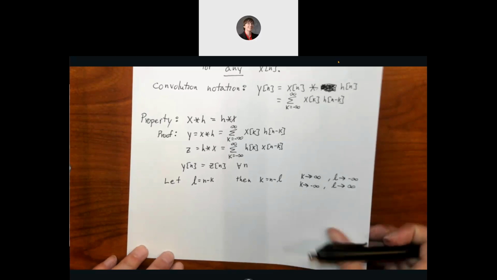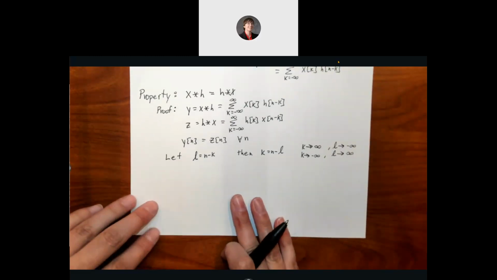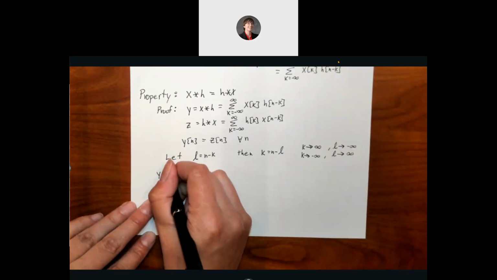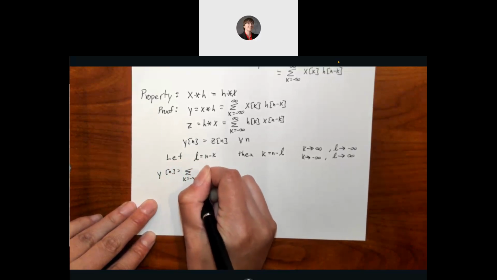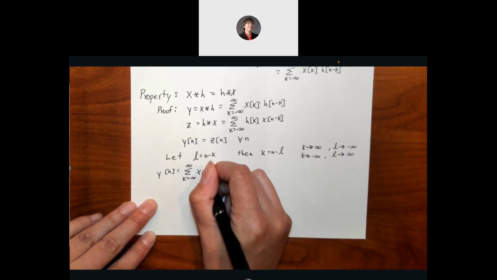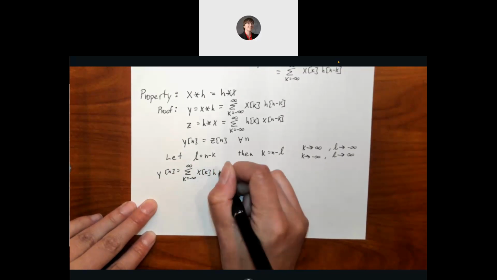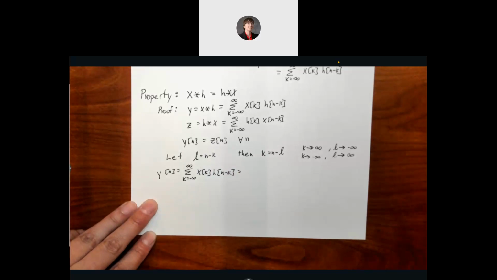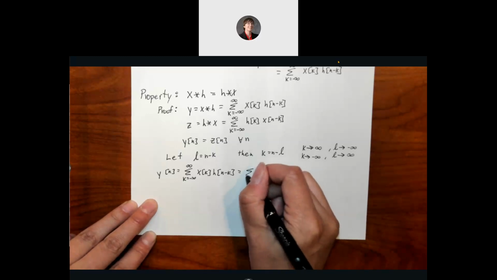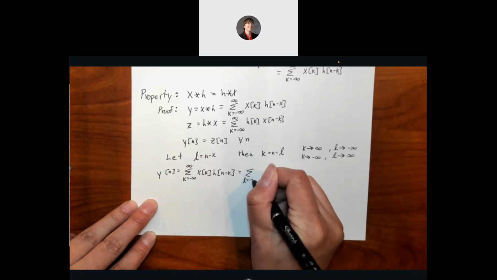So if I do this substitution into, say, my y, right, we start off with our summation here, x k h n minus k. I do this substitution where it's in terms of L instead of k.